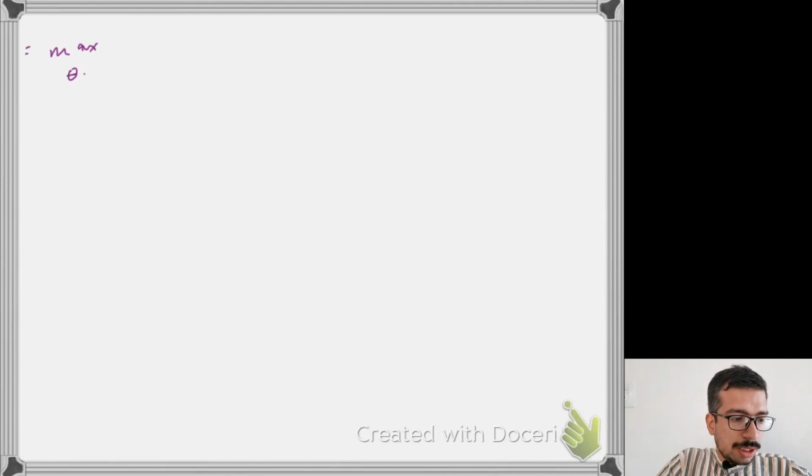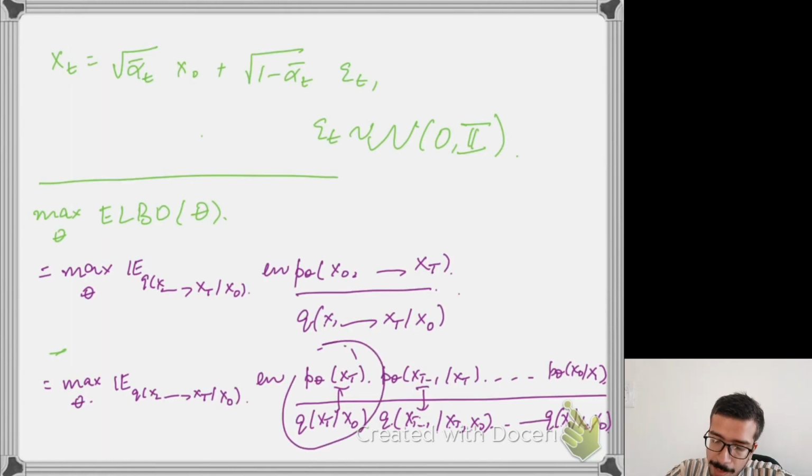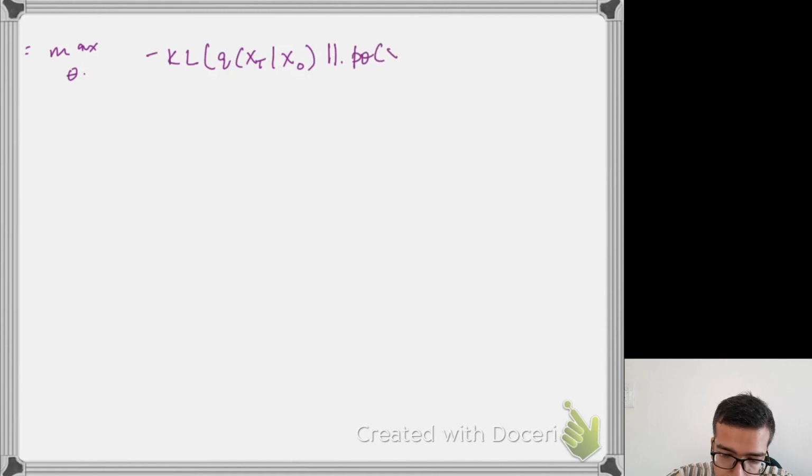So essentially, firstly from this thing we'll get this prior matching term, which is essentially minus the KL divergence between q of xt given x0 and p theta xt, right? This will not have any parameters at all, so we can actually ignore this term.